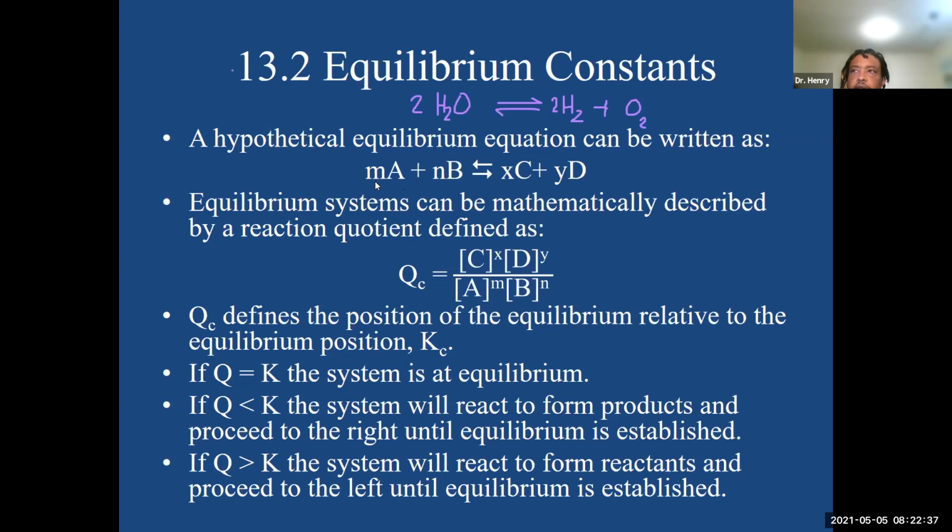So we have mA, m is our coefficient, A is our compound or element, plus nB yields xC plus yD.